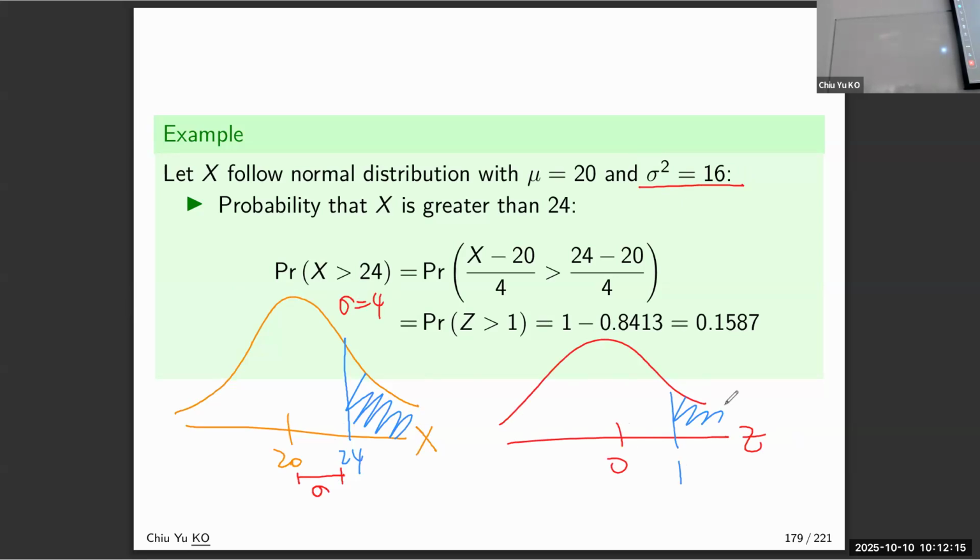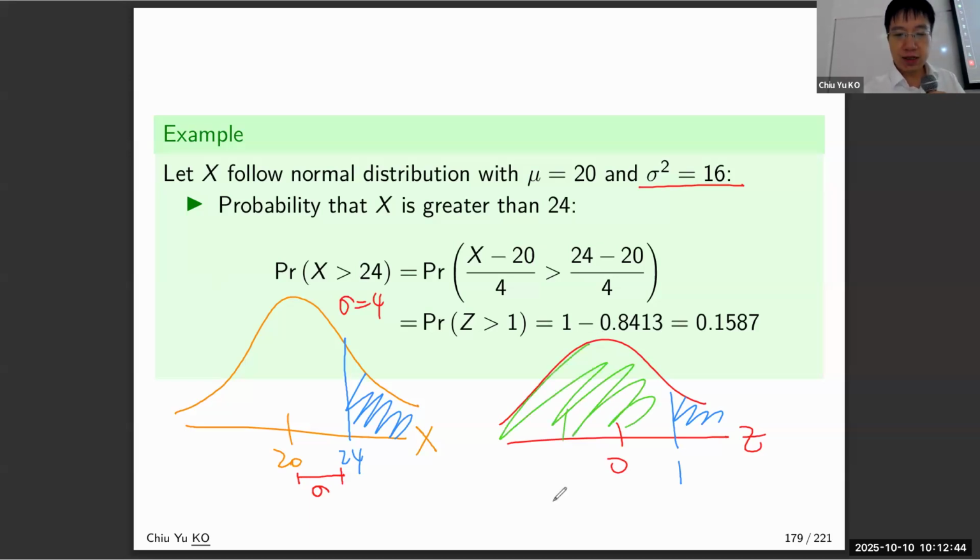And how do you do this, the blue area? Remember the area under the F must be 1, and the table gives you the area on the left-hand side. Subtract that, the complement rule, and you are done. We know that the left-hand side is 84. You can check the table.